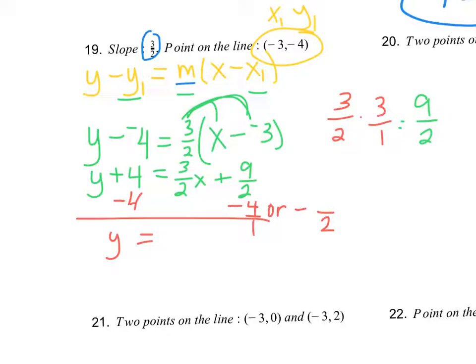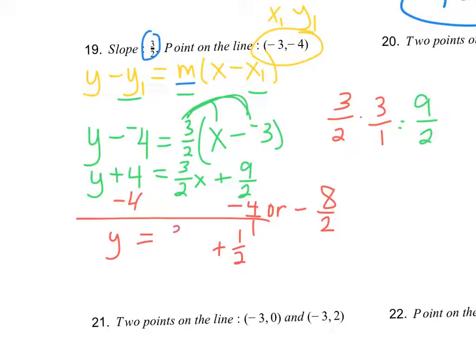So if I multiply the denominator by 2 to get it to be a 2, I've got to multiply the numerator by 2. So that's like subtracting 8 over 2. And so if I have positive 9 over 2 minus 8 over 2, I'm getting positive 1 over 2. So this would be plus 1/2.